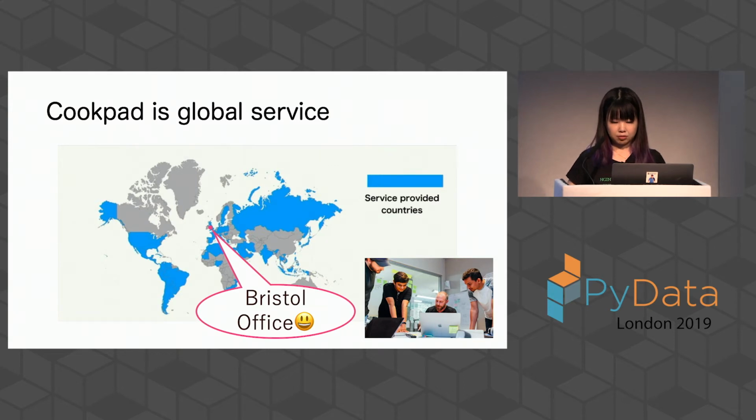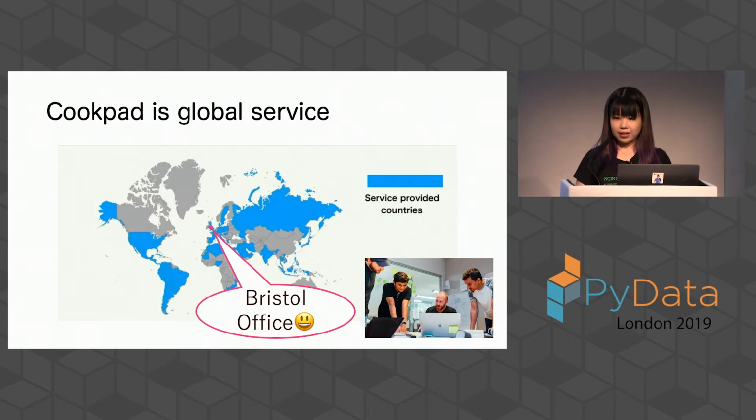There are about 250 people working at the Bristol office, and there are about 10 researchers and engineers in the machine learning team. We are working on NLP, CV, and information retrieval about recipes.